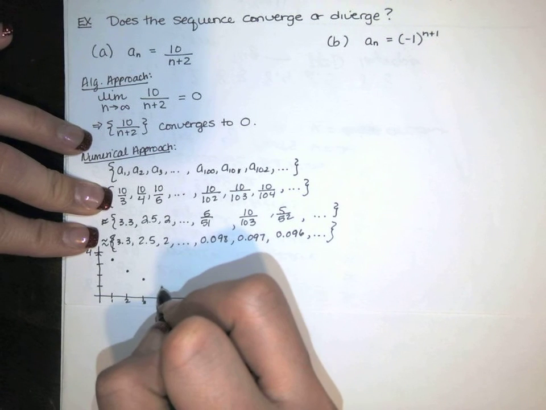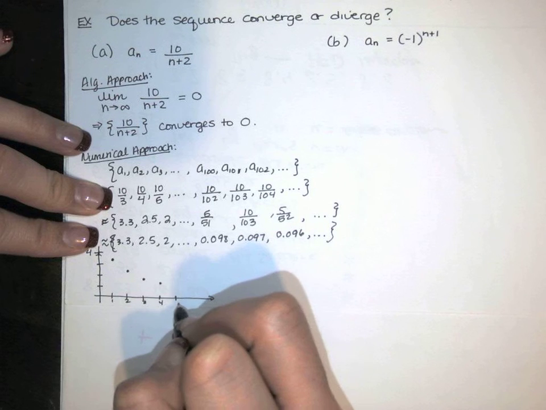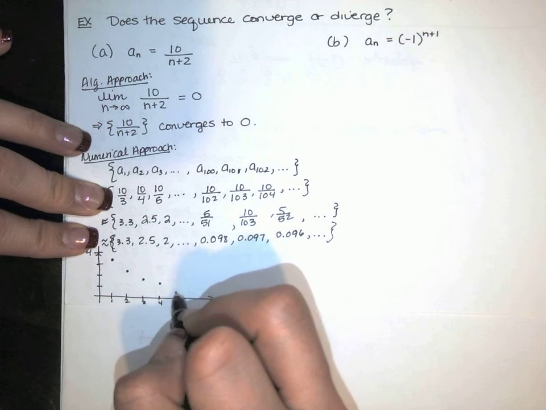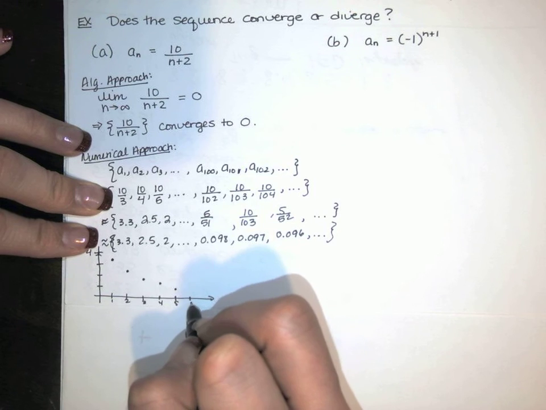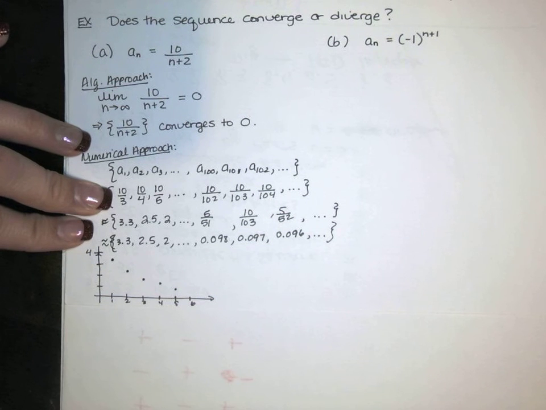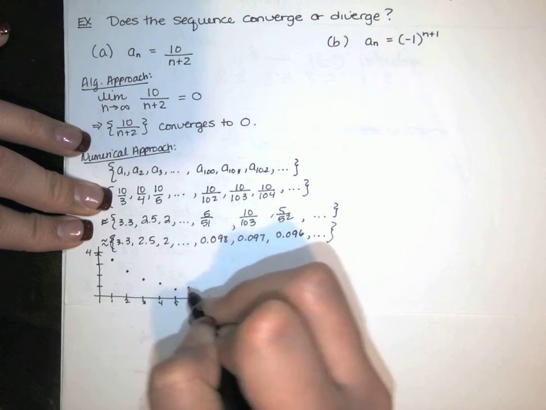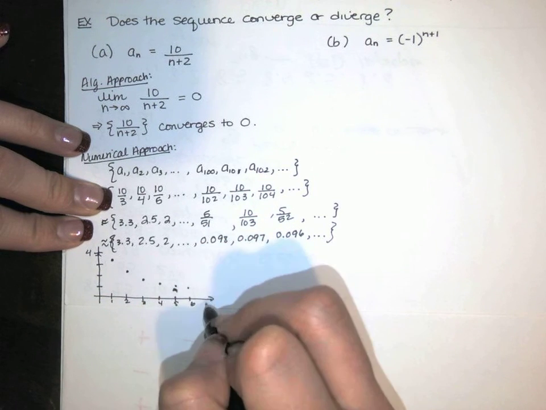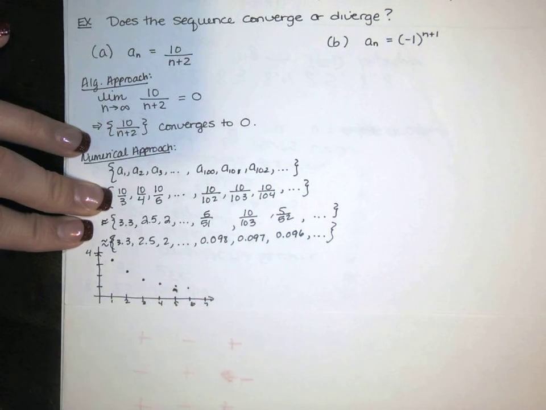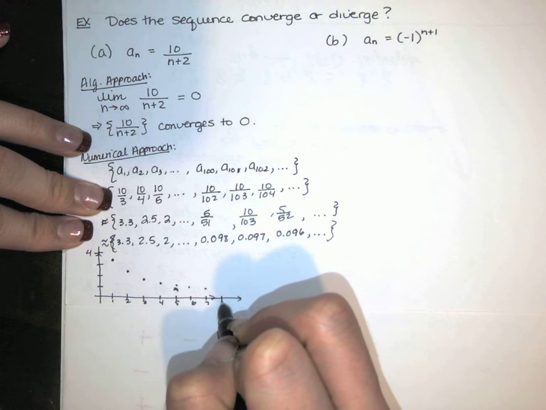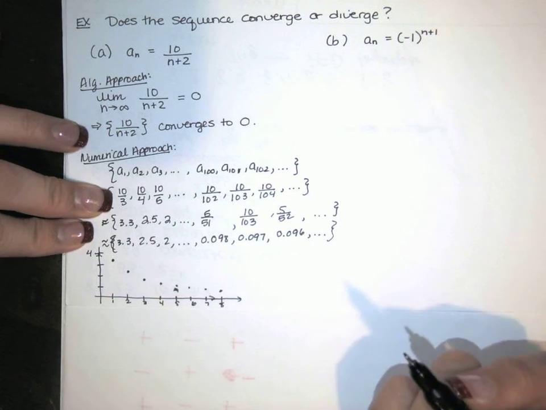It's about 1.6. n equals 5, 10 over 7. So I'm getting about 1.4. n equals 6, 10 over 8, 1.25. n equals 7, 10 over 9, 1.1. 8, we get 10 over 10, which is 1.